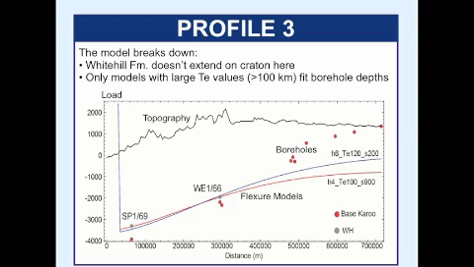You still need a model with an extremely high elastic thickness to be able to fit the depths in borehole SP and borehole WE. The models there in red and in blue have an elastic thickness of 100 kilometers or above. And maybe the elastic thickness was too large for the White Hill to be deposited on Craton.